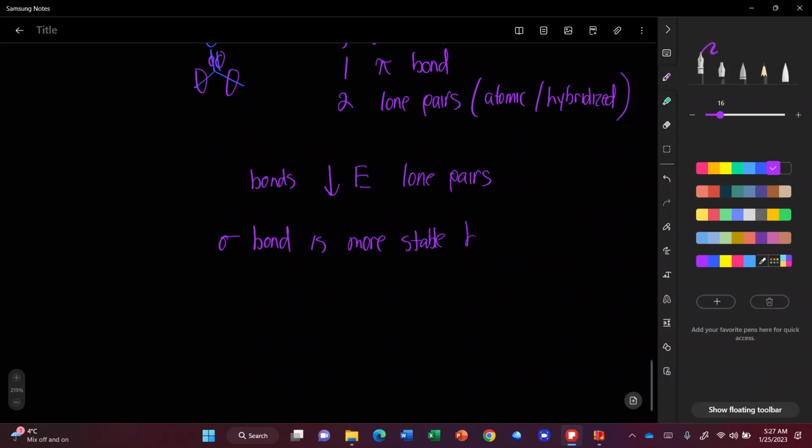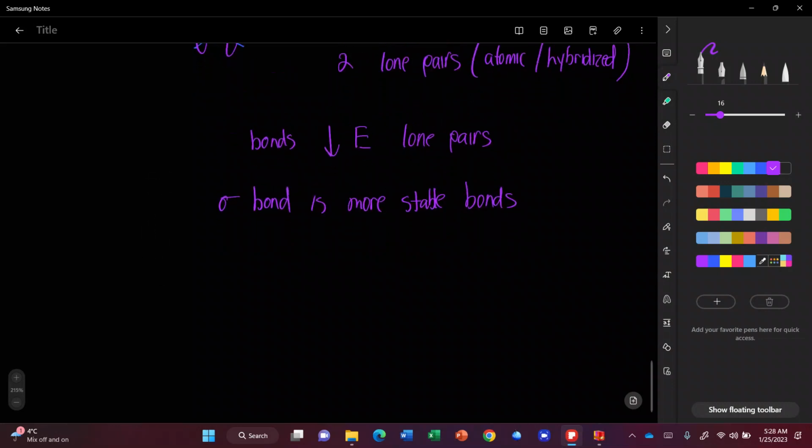There's another thing. If I have an energy diagram, I'm going to put my non-bonding orbitals right here. Non-bonding, otherwise known as just atomic or hybridized orbitals.